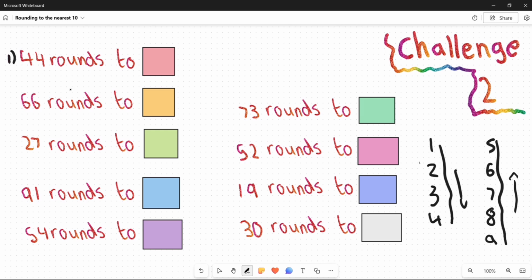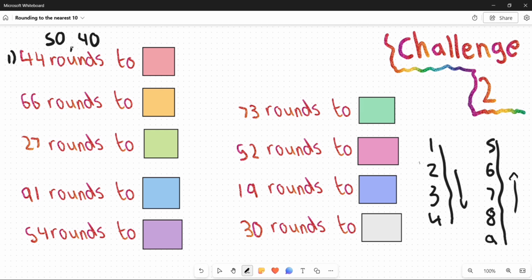44 rounds to dash. This time we didn't get the closest or nearest numbers to each number in each question so that we could use our thinking cap. What number do you think 44 is in the middle of? You are correct. 44 is in the middle of 50 and 40.